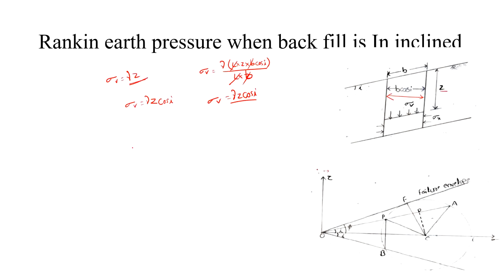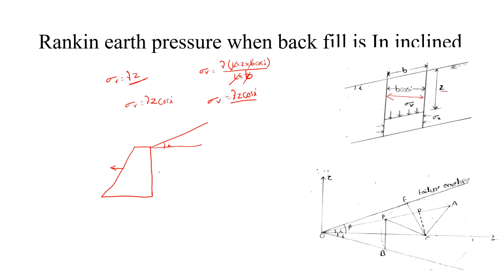Okay. And in this active condition, for example, this is the vertical retaining structure, and the backfill is in inclined condition with an i angle from the horizontal. This is the i angle. So in the active condition, the structure will move in this direction.